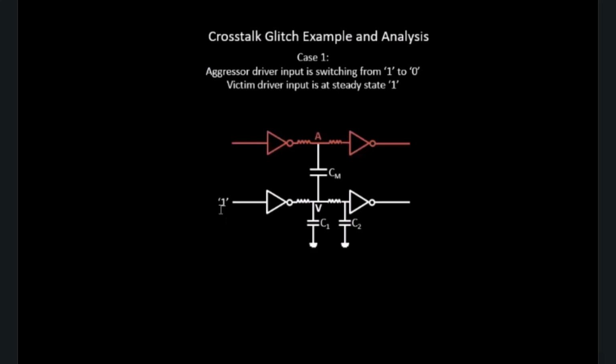Okay, so let's put all the case values over here. We have logic 1 at the input of the victim. Once we have logic 1 at the input of the victim, the output should be at a steady state logic 0, ideally or typically. Whenever the input of the inverter is at steady logic 1, the output of the inverter will be at steady logic 0.